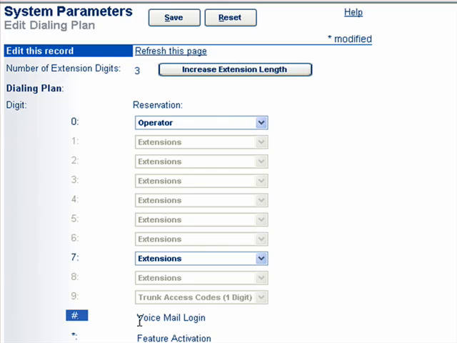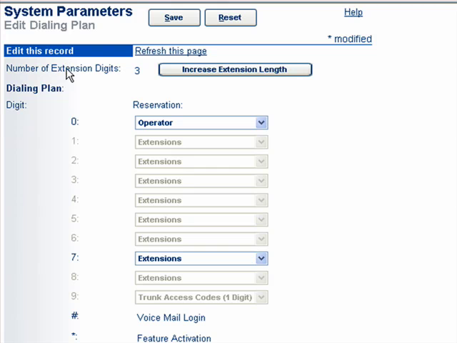The octothorpe for voicemail login and the star for feature activation are hard-coded ShoreTel system extensions we'll talk about when we discuss system extensions. But at this point in time, at the start of the installation, at the start of the design of the system, we have to make a determination as to what the dialing plan for our system will be.